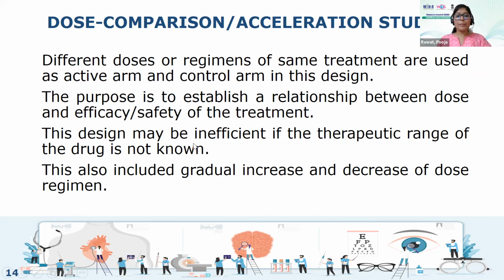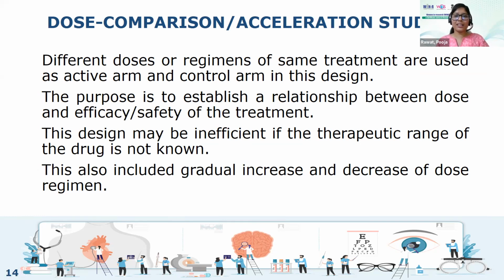This design may be insufficient if the therapeutic range of the drug is unknown. Especially for a new active ingredient, if you don't know the therapeutic range when it is being started, you can't observe that after this dose you can see a difference in the patient, so you can't proceed with this study.